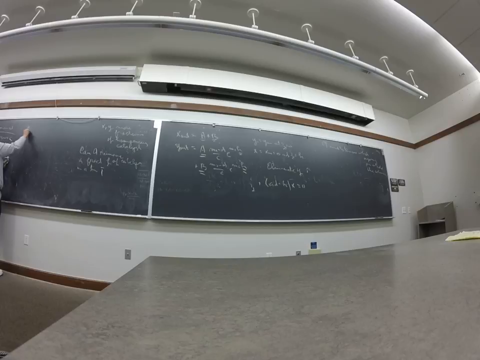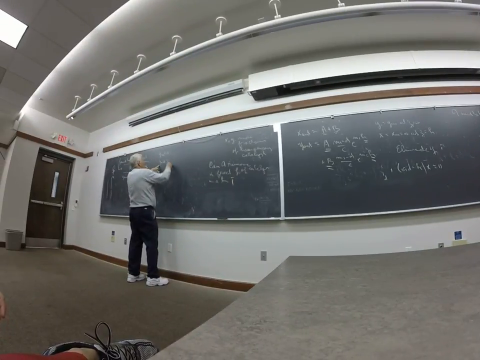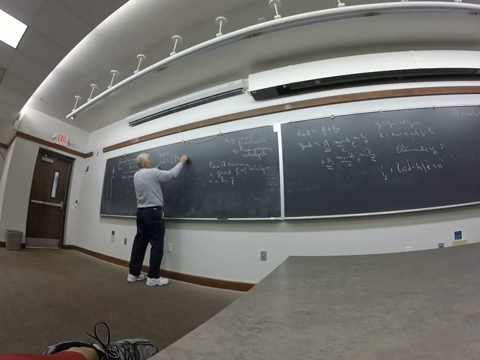So with y in equals 0, I'll make a balance around the bottom here, and I'll find out that y out must be L over V times (x in minus x out).